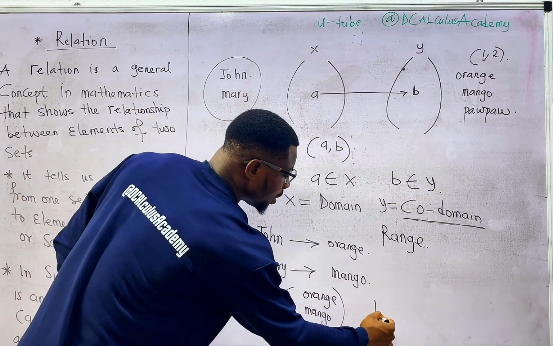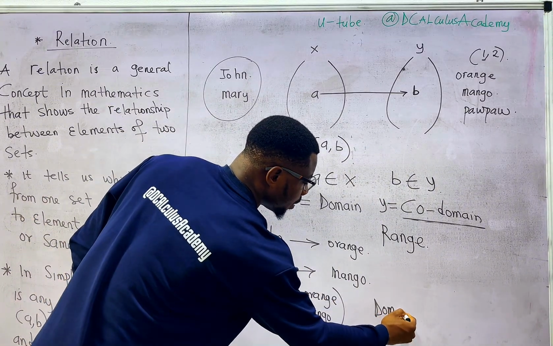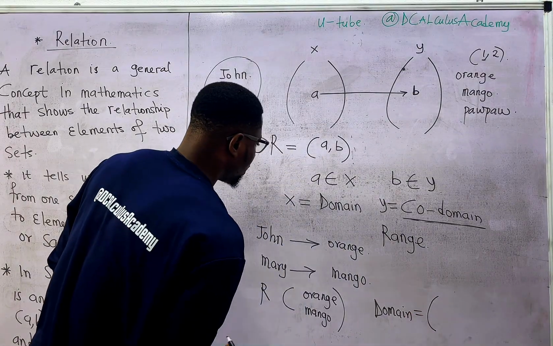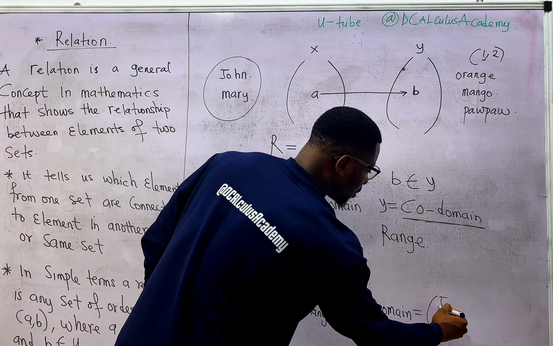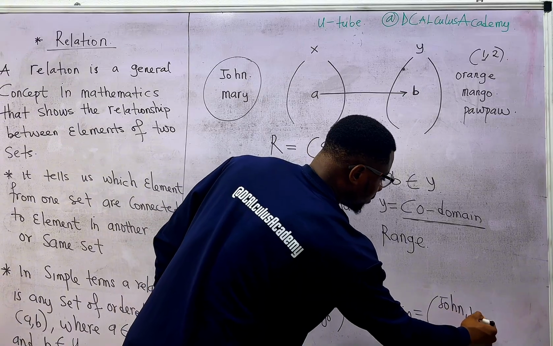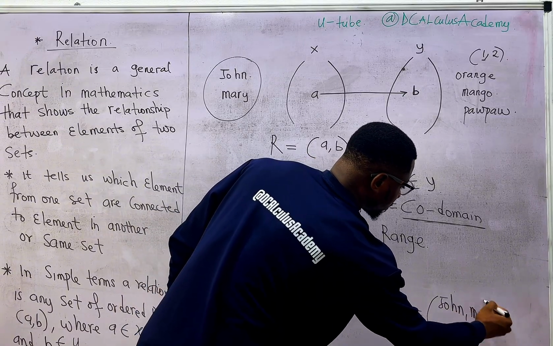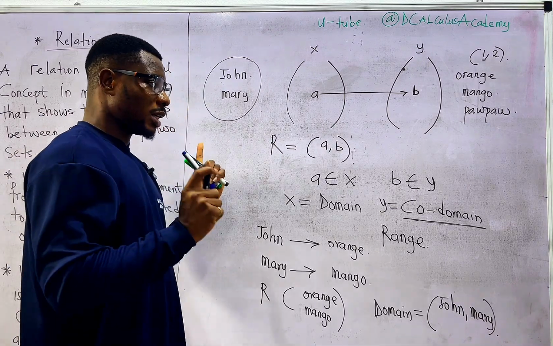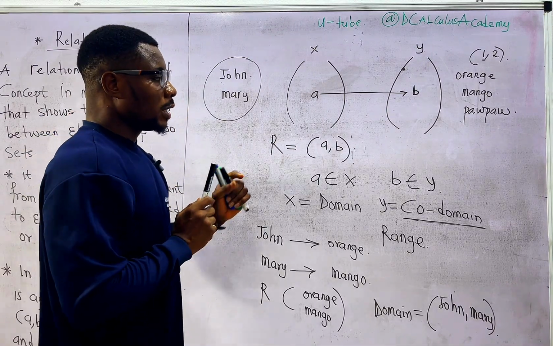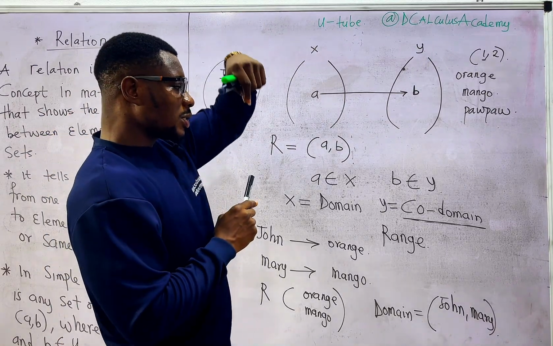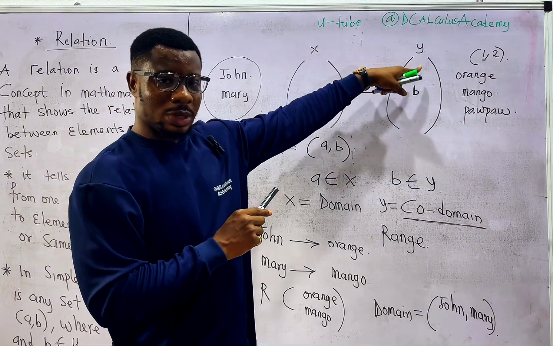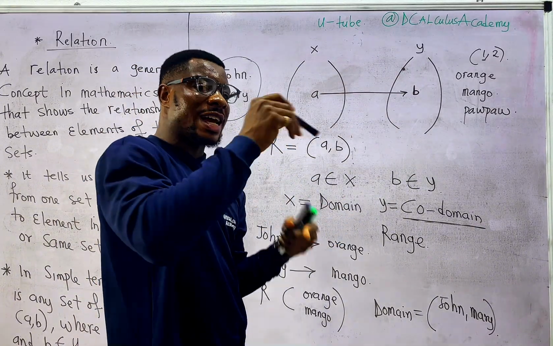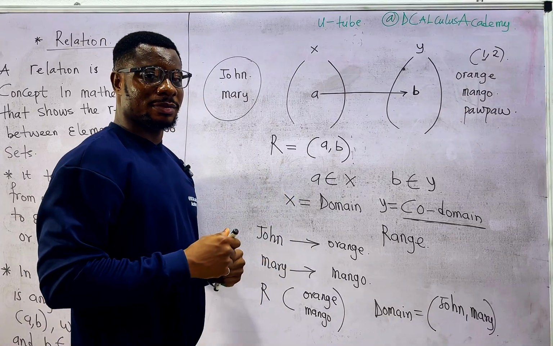While the domain will have John and Mary. From this simple illustration, what you can deduce is that the range is a subset of the codomain, which means that the range is inside the codomain. All right.